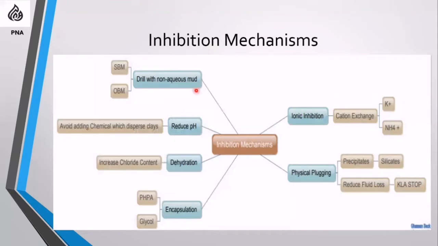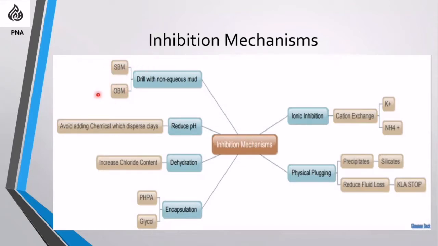We have many inhibition mechanisms. The first inhibition mechanism is to drill with a non-aqueous phase, or non-aqueous mud. By non-aqueous mud, we mean OBM, oil-based mud, or synthetic-based mud. Synthetic-based mud is the same as OBM.